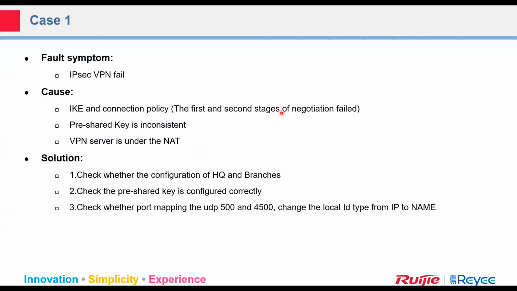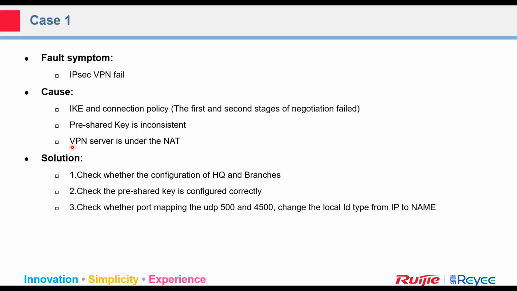So we have to make sure that the policy is the same between server and client. And number two is that the shared key is not the same. So we have to make sure that the shared key is the same between the client and the server.